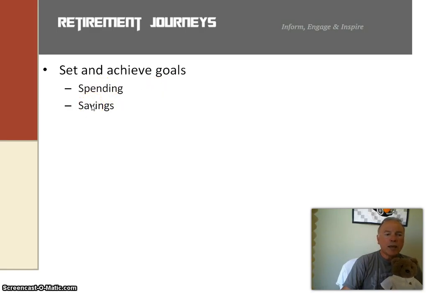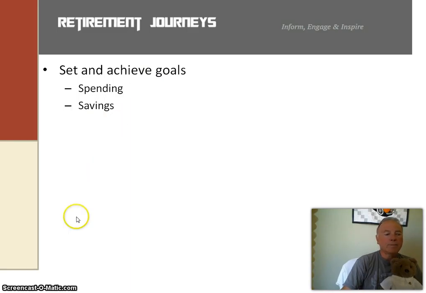And the sheer act of writing something down vastly increases the probability of achieving those goals. So this is just one of those little things that really has a lot of importance to you and a lot of payback.